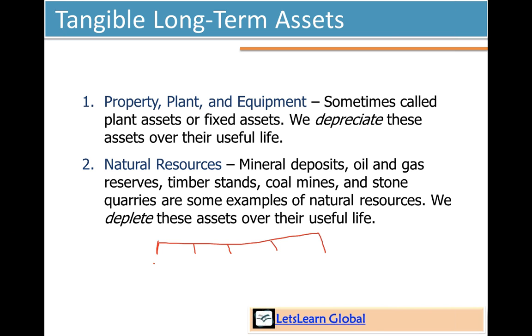So the amount you pay for these 5 years will become an asset. This is to be recorded as an asset, natural resources, and it is to be charged over the 5 years, depending upon the material you extract.